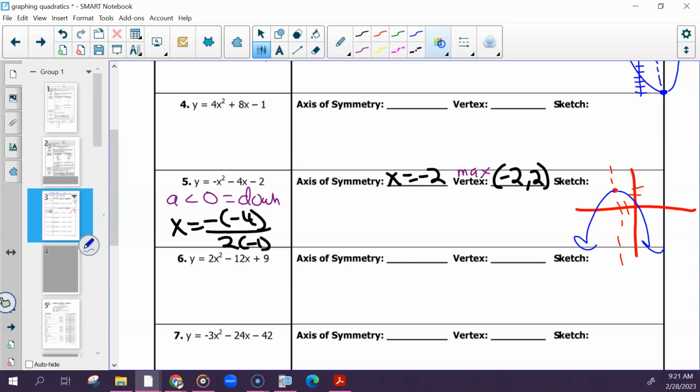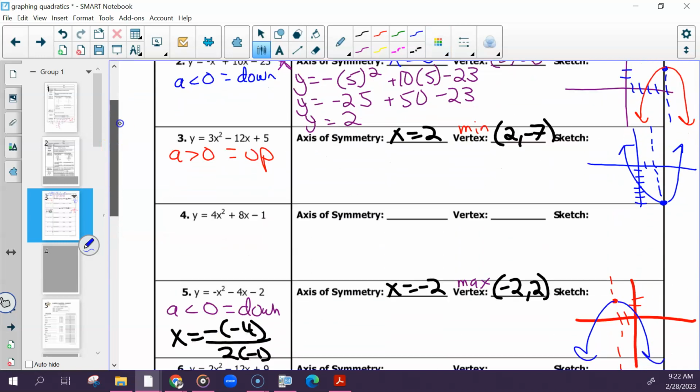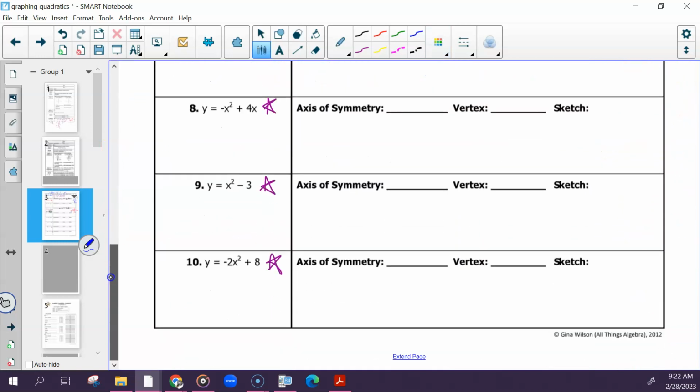Before we get into the actual graphs, quick poll. Who likes the algebraic method? The graphing method, where you find the min or max on the graph? And then the table method. Okay. Of the remaining examples, look at 4 through 10 on this page.